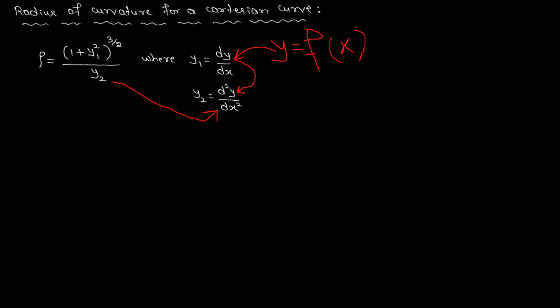If they have given any particular point, we have to substitute the point in these derivatives. Then we can substitute the values of y1 and y2 in this formula. The simplification will give you the radius of curvature.